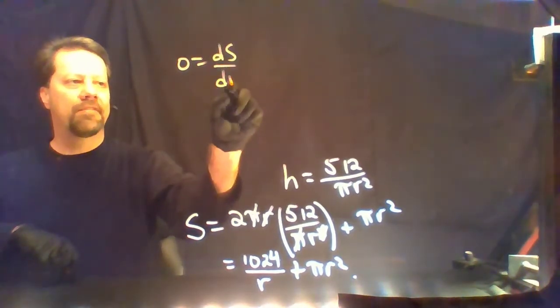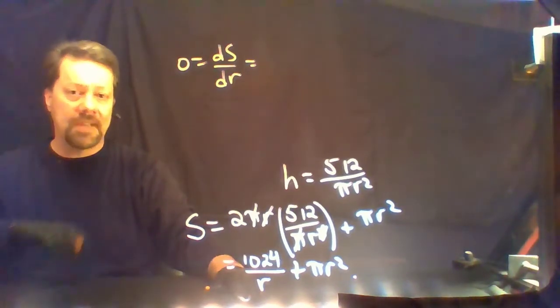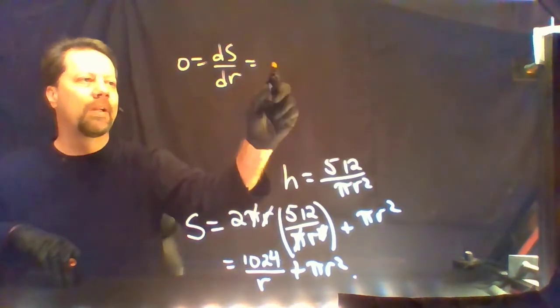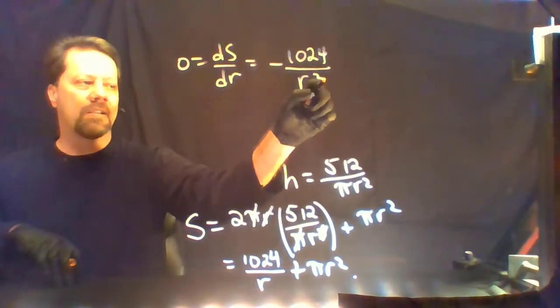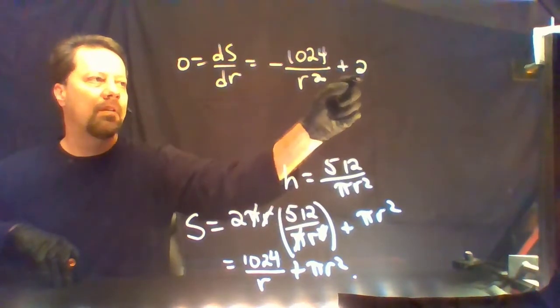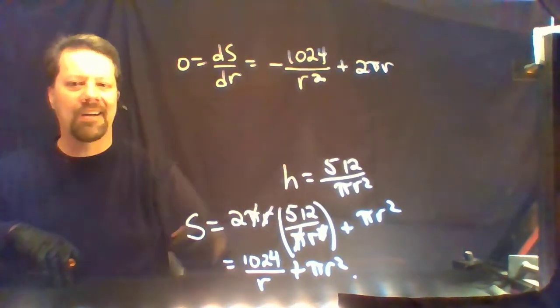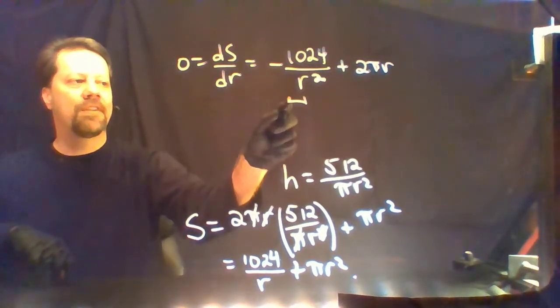Taking the derivative, remember the derivative of 1 over x is negative 1 over x squared. So here we're going to have negative 1024 divided by r squared, and then plus 2 pi r. Setting this equal to 0, we need to move this term over.